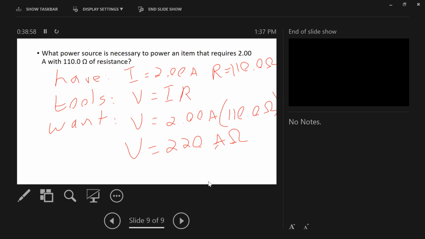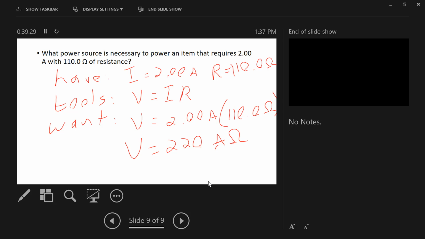All right, so the last question we're going to do together. What power source is necessary to power an item that requires 2.00 amps with 110.0 ohms of resistance? Okay, so 2.00 amps with 110.0 ohms of resistance. So what do we have? Well, we're given our current. And we're also given our resistance, right?